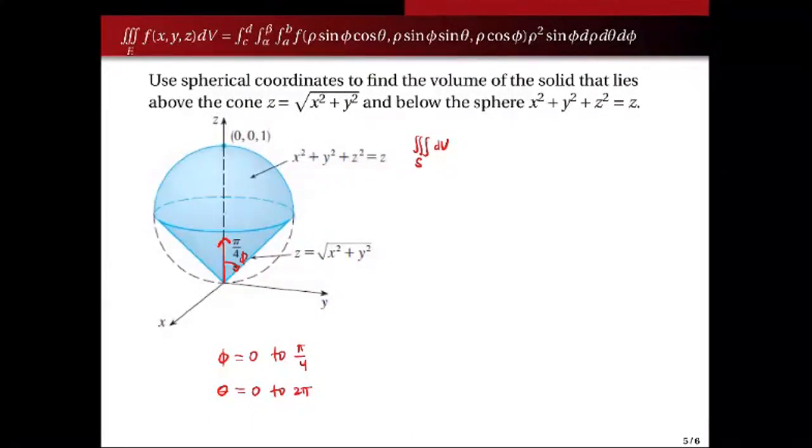And to convert that, how do we write this? Take note that this is equal to rho squared. On the other hand, your z is that's rho cosine phi.